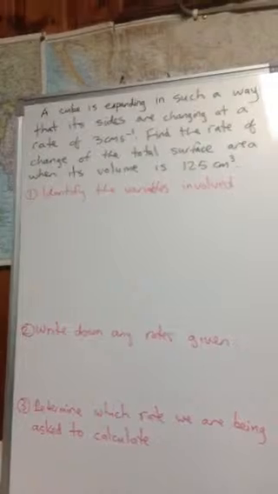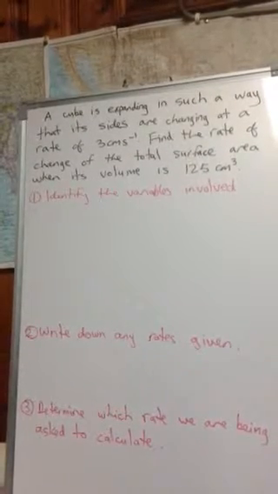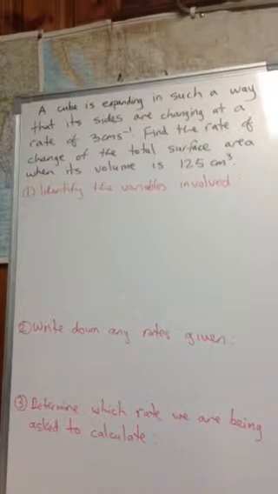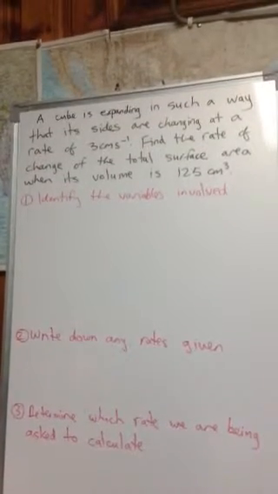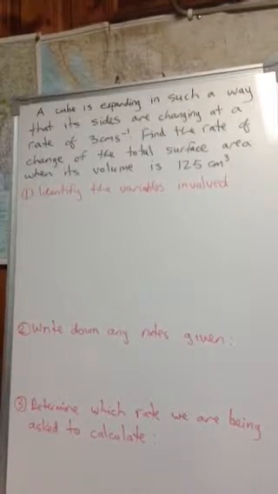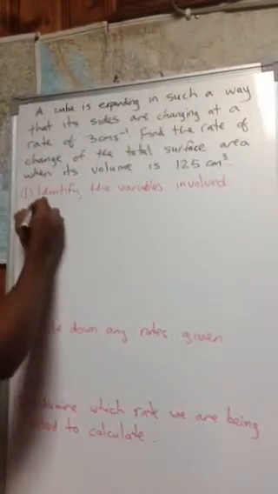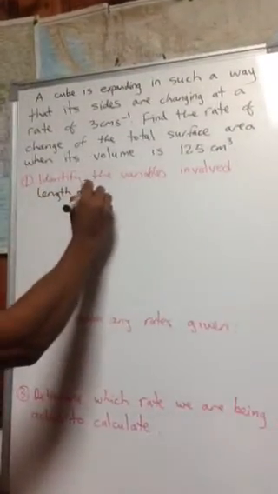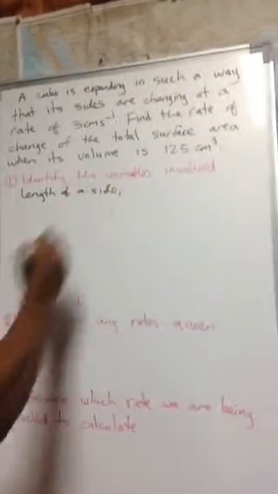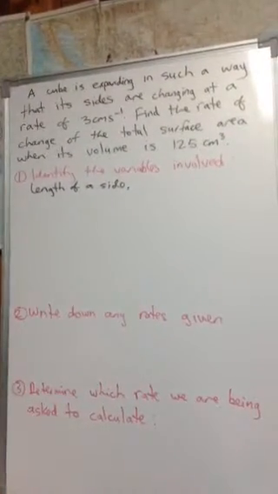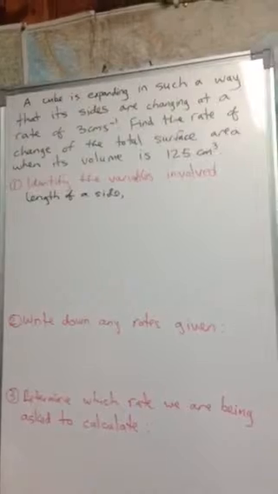A cube is expanding in such a way that its sides are changing at a rate of 3 centimeters per second. So one variable already that we should see is the length of a side. That's one variable. At a rate of, now the word rate is a function of time.